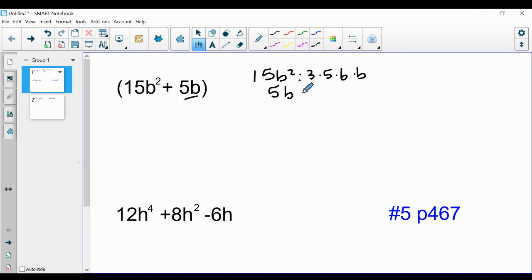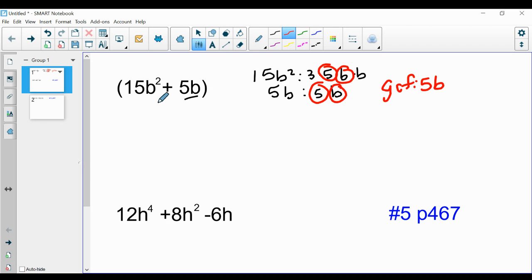So we have 5 times b. This is 5b. So I'm going to take this 5 and this 5 are common, this b, and there's one b here. So that is our GCF. We have 5b as our GCF.